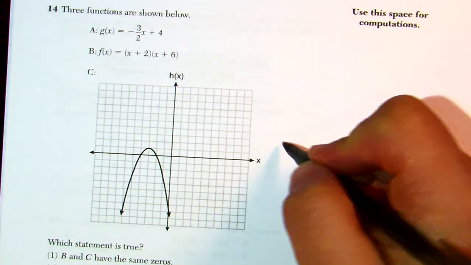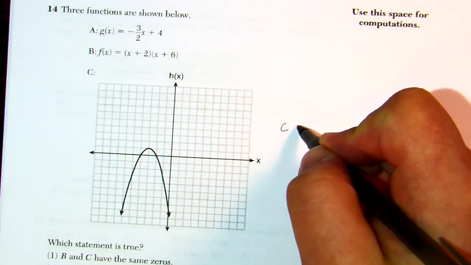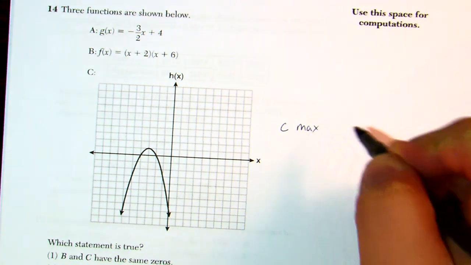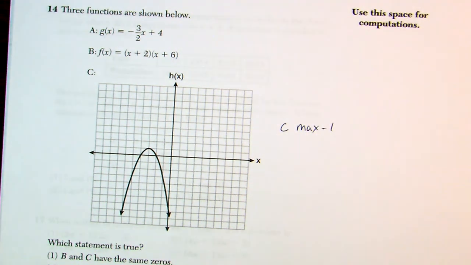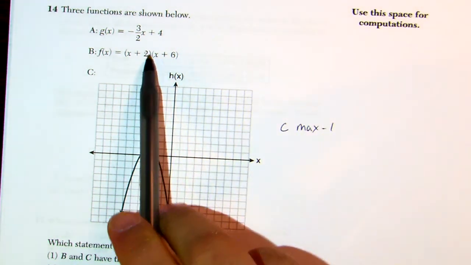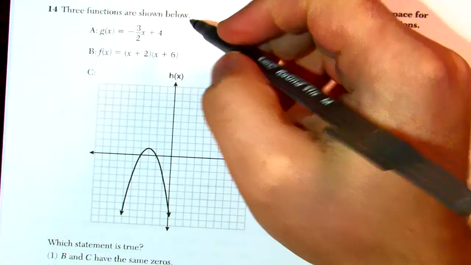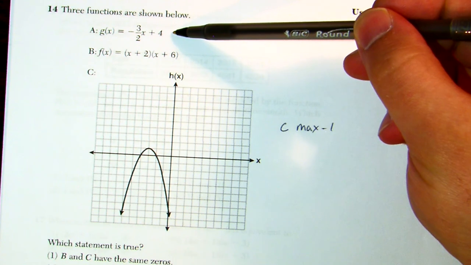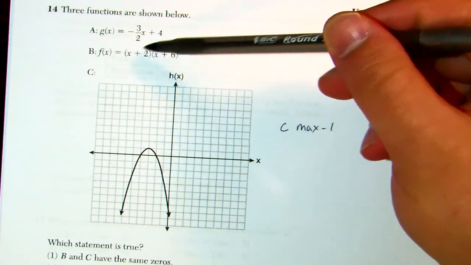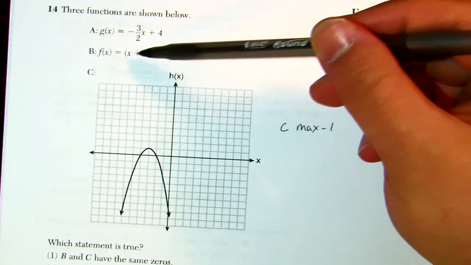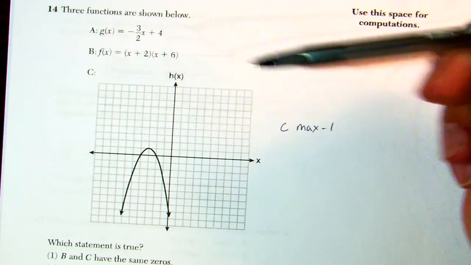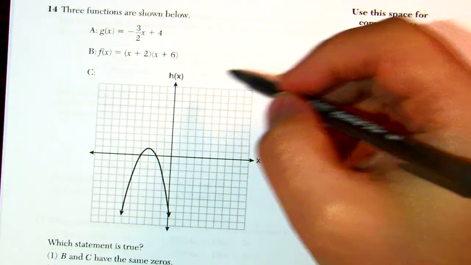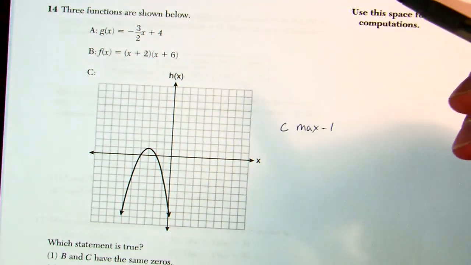So for C, I know we got a max of 1. Over here, this is a linear function. So this doesn't have a min or a max. And this, since I know if I were to FOIL, is going to be a parabola as well, which will have a min or a max.